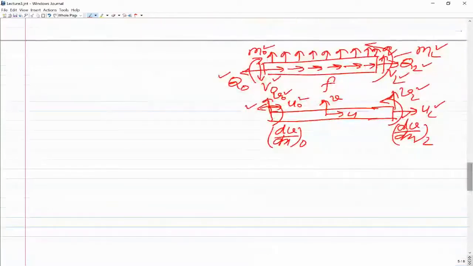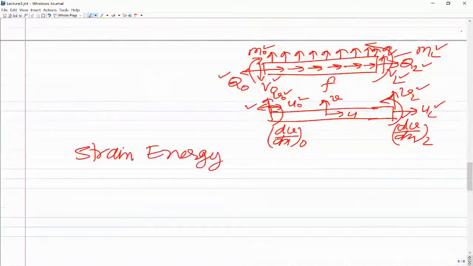So now if you look at the strain energy term, I'm going to use the notation pi for strain energy. So now what we are saying is that this is the beam rod, and this is the neutral axis, and somewhere this is the normal.